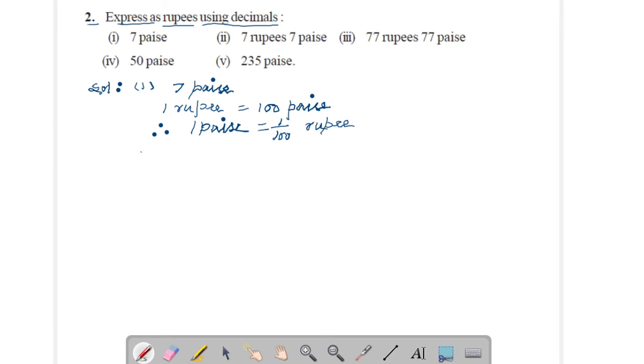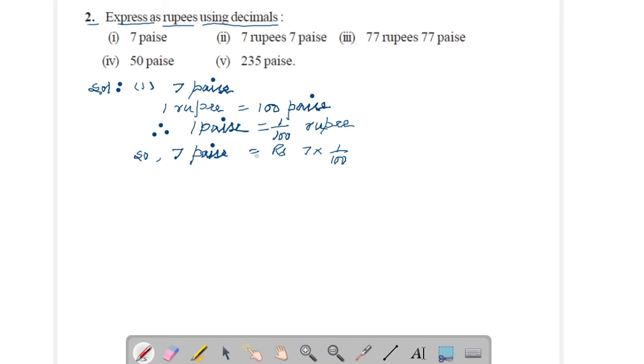So 7 paise can be written as rupees 7 into 1 upon 100.